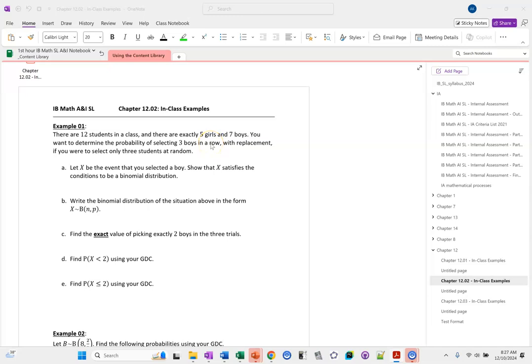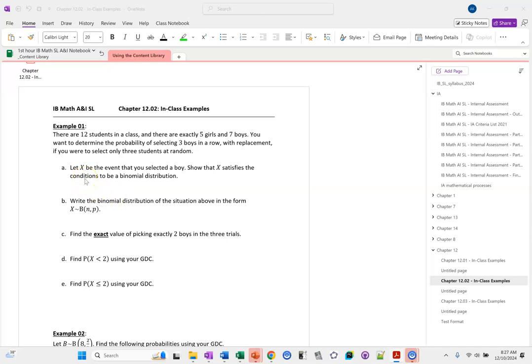That guarantees that the probability of events remains independent. If I did not have replacement, all of a sudden this becomes a dependent event and a binomial distribution is no longer applicable. So that's an important statement right there.